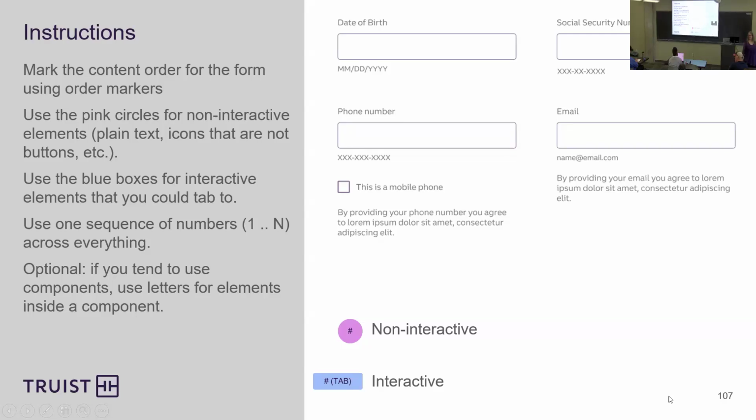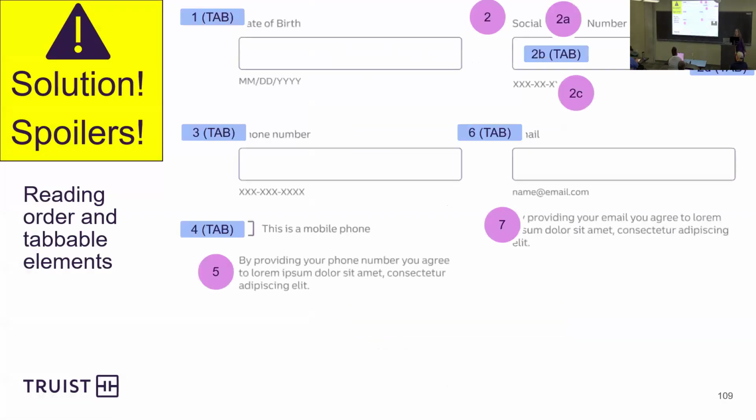Louis, yes, you had a question. So you're talking components, which I like. But I'm just curious, is the phone number component everything from phone number through the "by providing," and the email component being from email to "by providing," or are those caveats separate from the component?